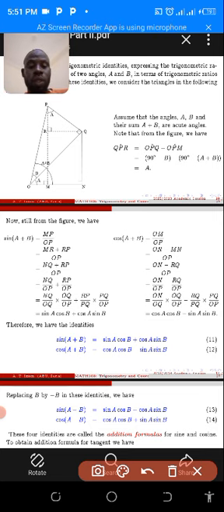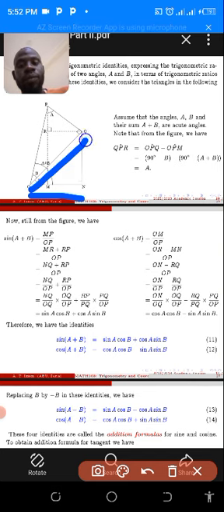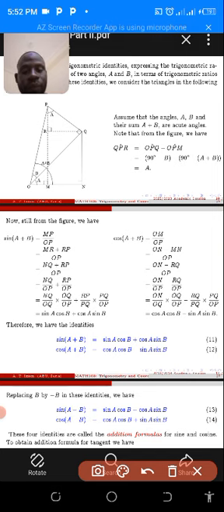Now, what is ON over OQ? Where is ON? This is ON over OQ. This is OQ. So it is adjacent over hypotenuse of A, and that is equal to cos A. That is why we have cos A here.